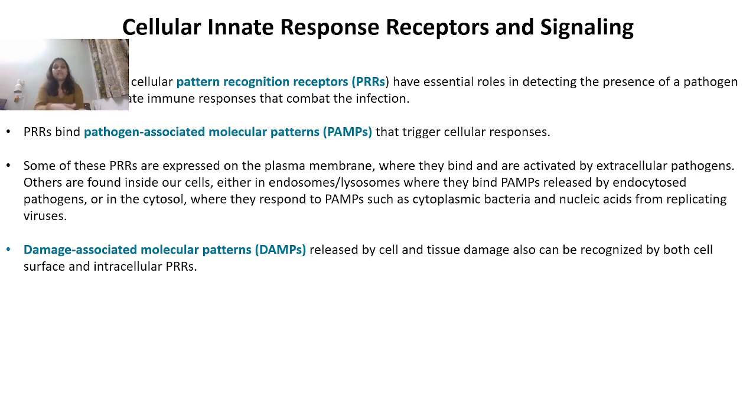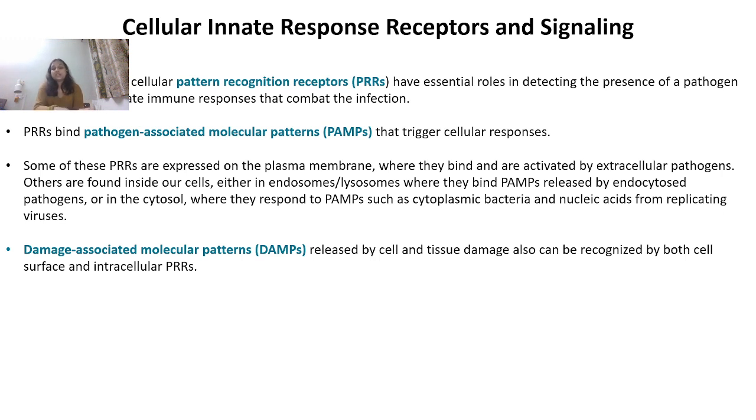In the plasma membrane, they can directly sense any pathogen entering. But inside the endosome, they will bind to the molecular patterns released by the endocytosed pathogen, or in the cytosol where they respond to PAMs such as bacteria and nucleic acids from viruses.